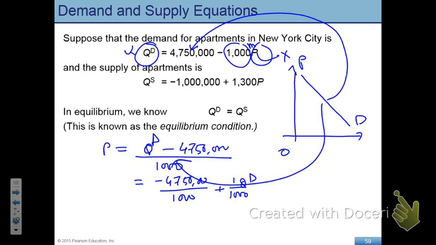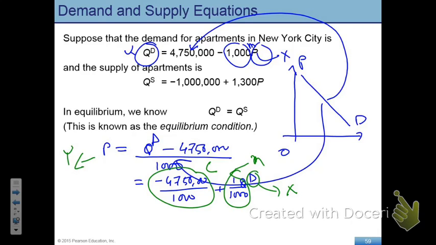If we write it like that, notice that this looks very much like a C, this looks very much like an M, and this looks like your X, and this looks like Y. And now it makes sense, right? Now P is your Y-axis variable, QD is your X-axis variable, and the demand curve is drawn as follows. So that's how the demand curves were written, but then they were drawn in a certainly different way.